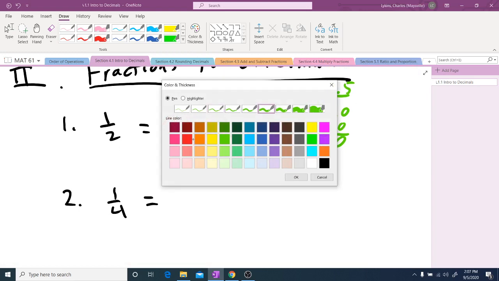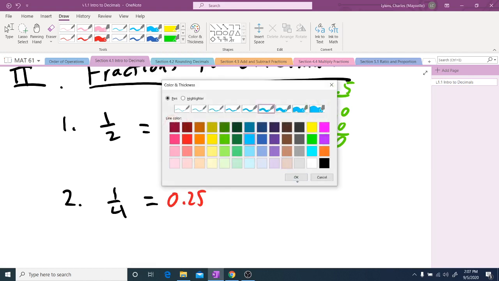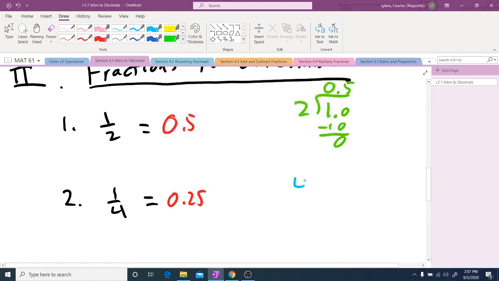1/4. Okay, we've already talked about that. So some of us know that's what it is. But the real reason behind this is 4 goes into 1 0 times. So you put your decimal. So 4 goes into 10 2 times. 2 times 4 is 8. You have to subtract it, you get 2.